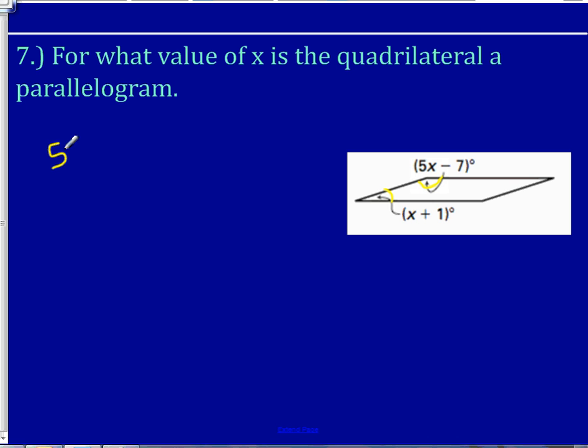So we can actually say 5x minus 7 plus x plus 1 equals 180. All right, so then we're going to have to solve. Let's combine our like terms. We have 6x, and then negative 7 plus 1, we have minus 6 equals 180.